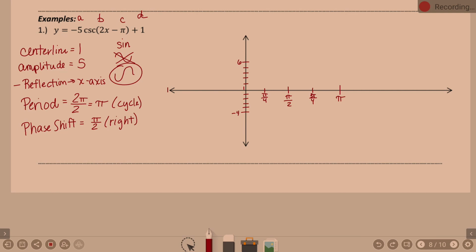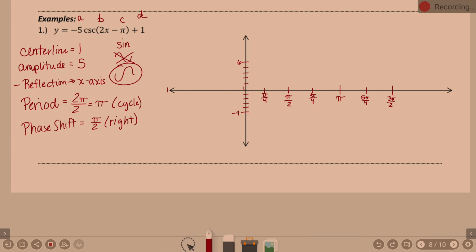So if I try and eyeball this, now, tell me, if this is pi, what is this farthest one out? What is pi over 2 past pi? 3 pi over 2. If you want, 1/4, 2/4, 3/4, 4/4, 5/4. Again, you don't have to have those in-betweeners labeled. Okay.